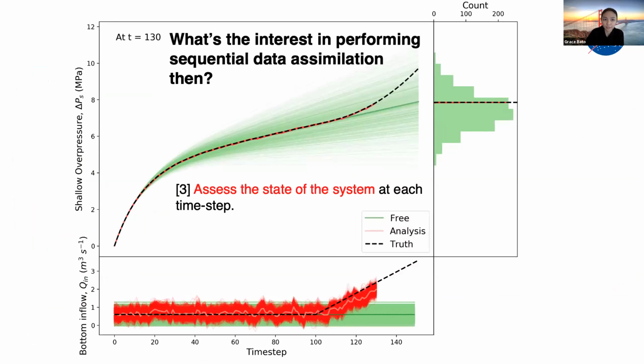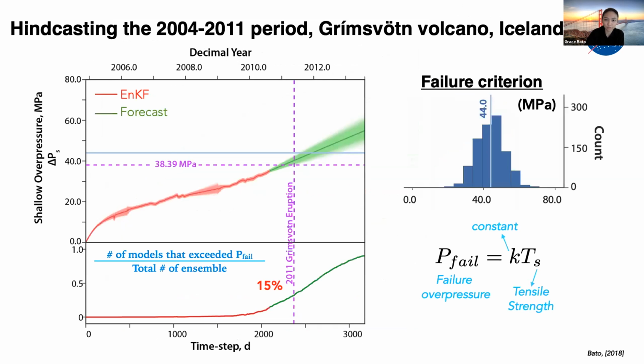So another reason why we should perform sequential data assimilation is that we can assess the state of the system at each time step. Hélène has discussed assessing the stability of a magma reservoir or chamber using mole fraction in the previous talk, but you can also use an overpressure criterion.